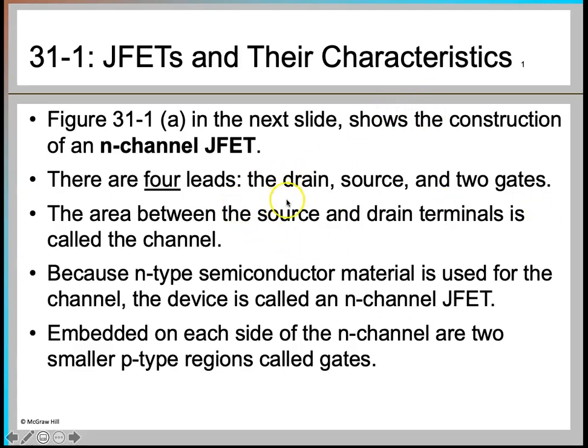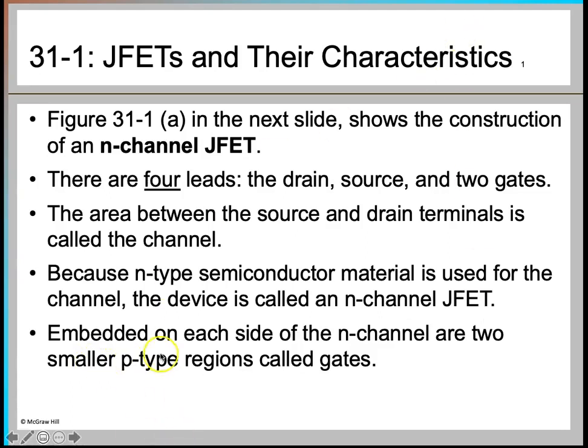First is called your drain, and then the second one is your source, and there are two gates. We are going to see the construction of the N-channel JFET in the next slide. The area between the source and the drain terminals is called your channel. Because N-type semiconductor material is used for the channel, the device is called an N-channel JFET. And if you use P-type semiconductor material for the channel, then that will be called your P-channel JFET.